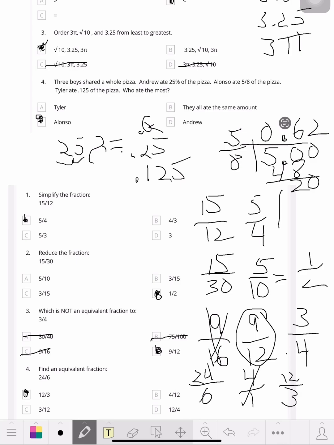If you reduced 24/6 all the way down, you'd have 4. 3/12 is too small. 12/4, if you reduce that all the way down, you put the 4 into the 12, you'd have 3. And then B, 4/12, that's smaller. So it's A, that's the answer. So that was all there was to that.